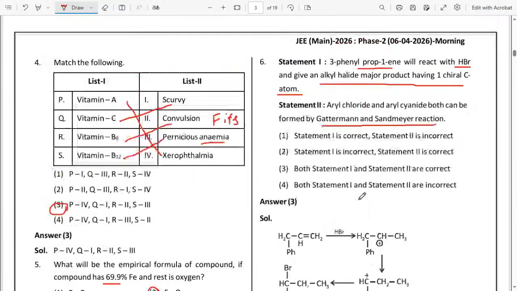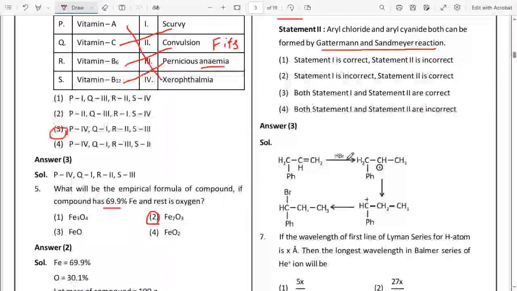So phenylpropene, what will it give with HBr? Usually H plus comes here and Br comes here. But there is a chance of rearrangement, where this hydrogen shifts here to give a positive charge at this place, because the benzylic carbocation is more stable.